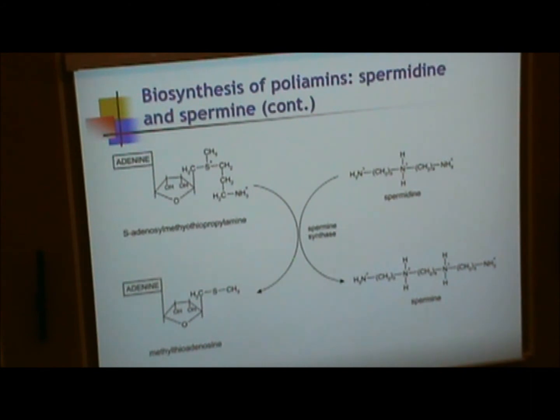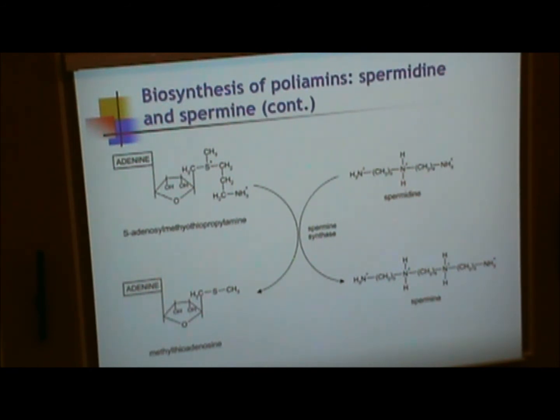Methylthioadenosine is released. So both spermidine and spermine are polyamines. They are carriers of positive charge. They neutralize the negative electric charge of nucleic acids.